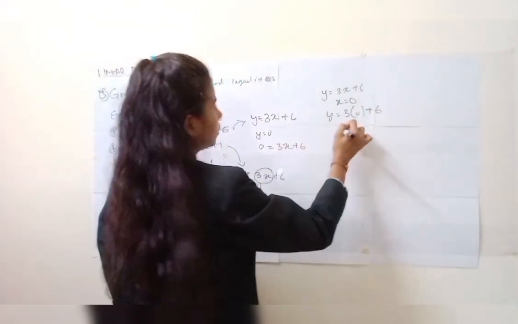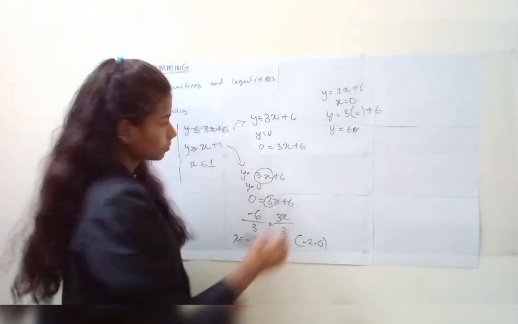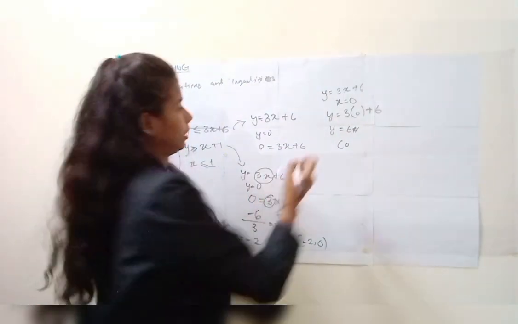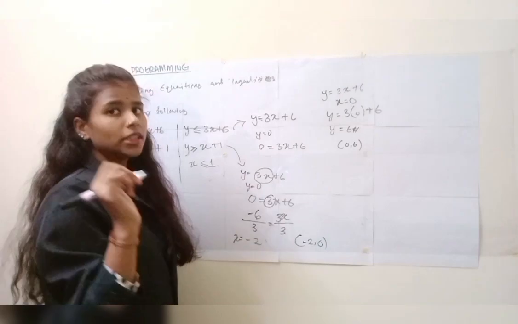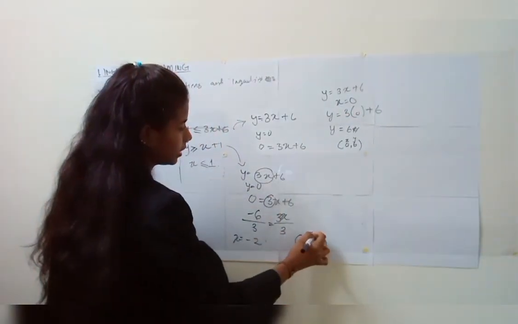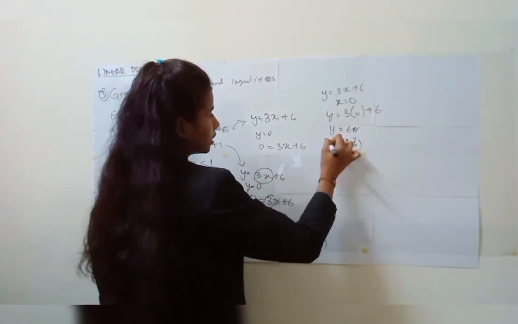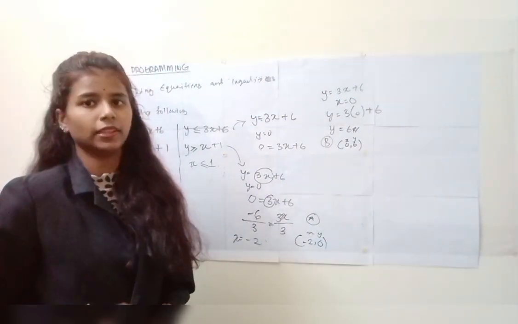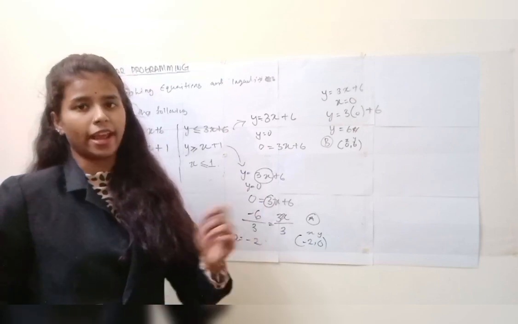So the answer is 6. So the coordinate we must plot in the graph is 0, 6. So this one is x, this one is y. So this one is A, and then this one is B. So we start plot the graph first, and then we search answer for C and D.